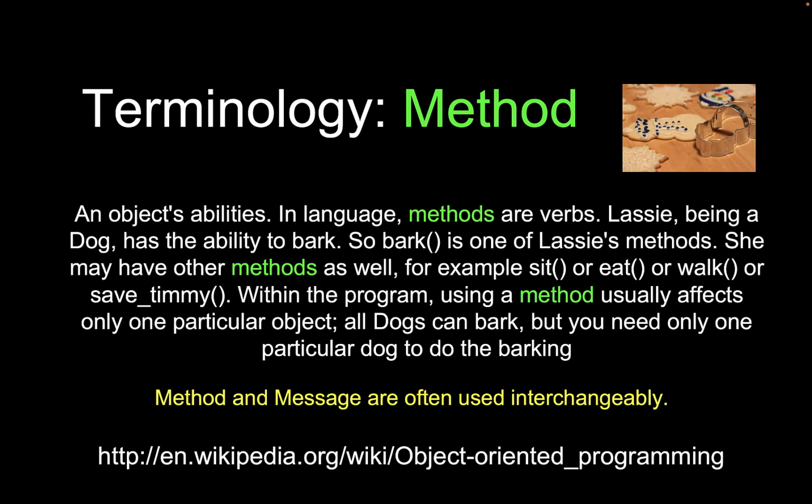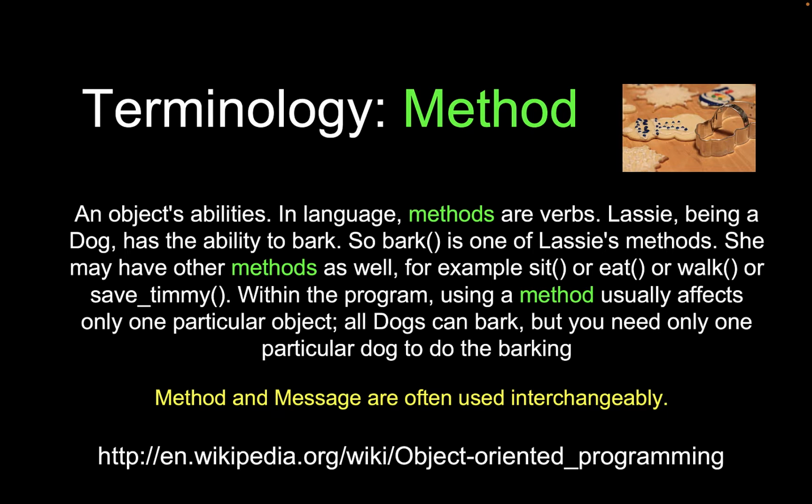So bark is one of Lassie's methods. She may have other methods as well. For example, sit or eat or walk or save Timmy. So now you get save Timmy. He's probably down the well in this classic episode, and that's why she would have to save Timmy. And she saved Timmy in just about every episode.